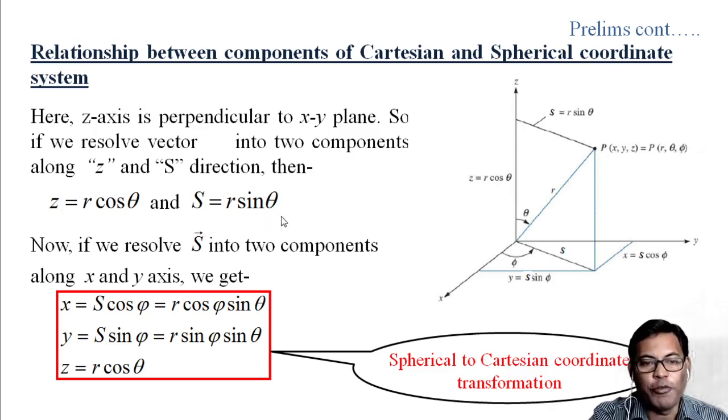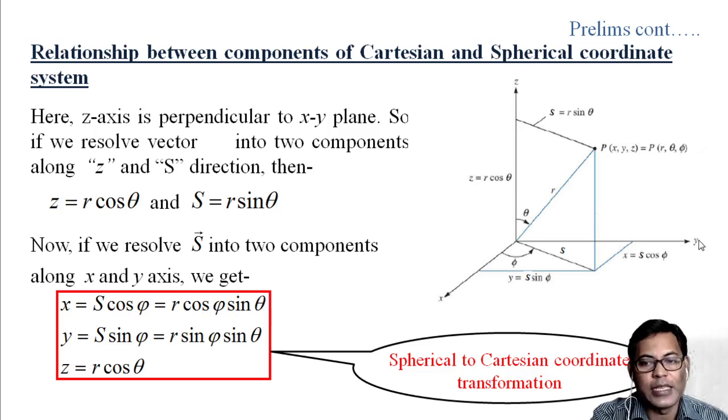Now, having the value s equals r sin theta, this s vector can be resolved into two parts, along the x axis and along the y axis. So, what is s? s equals r sin theta. Now x will be equal to s cos phi, and we know s equals r sin theta. So, we get x equals r sin theta cos phi.